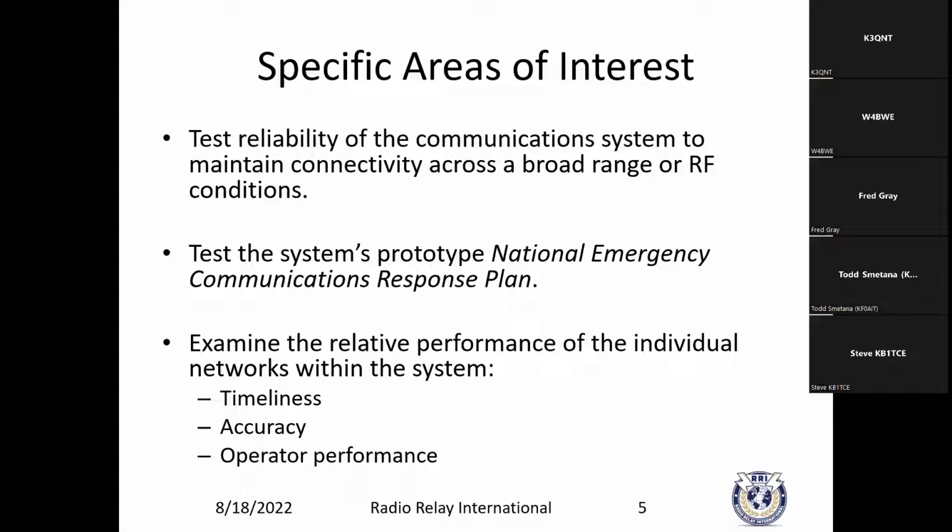That is the entire process from when a message is tendered for origination to the time that message is delivered. In this case, we measured the time and accuracy from the point at which a message was tendered for origination in the disaster area until it appeared in the data stream at the National Response Coordination Center.